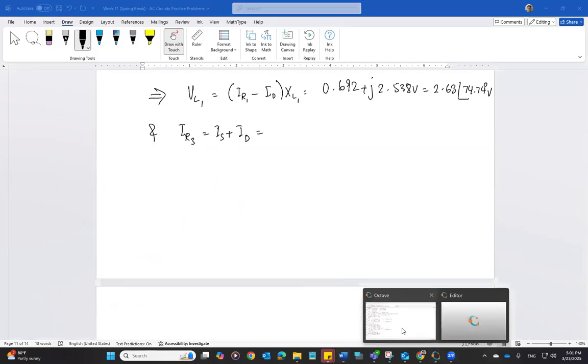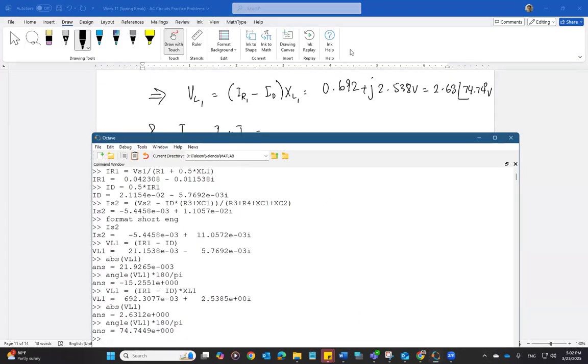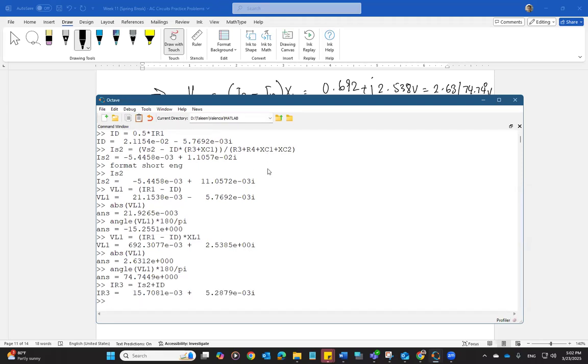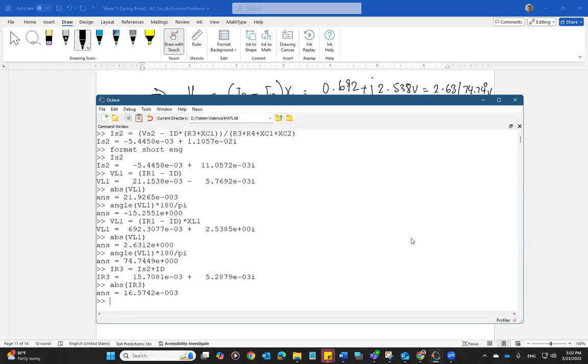And now my current passing through R3, IR3, is IS2 plus ID, absolute of IR3 and angle of IR3.